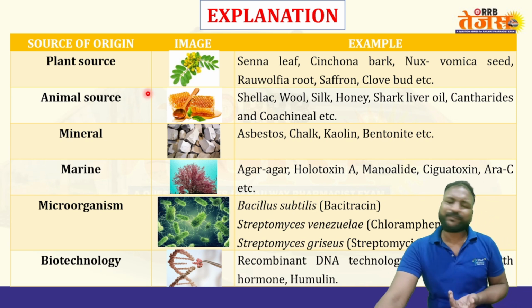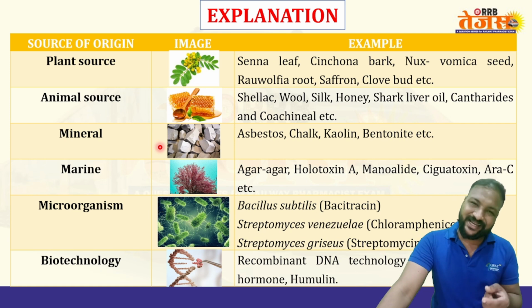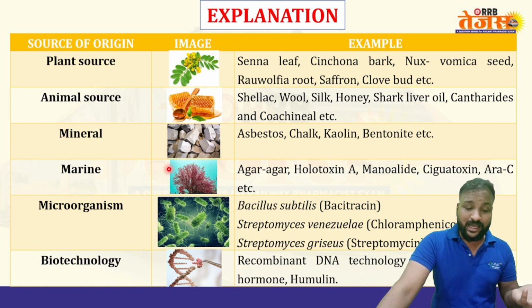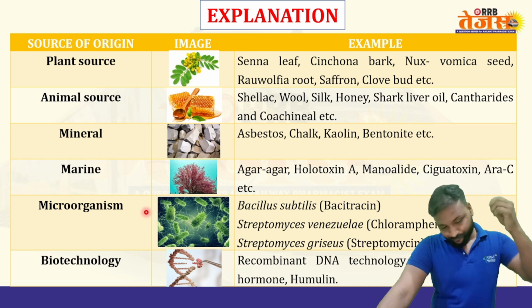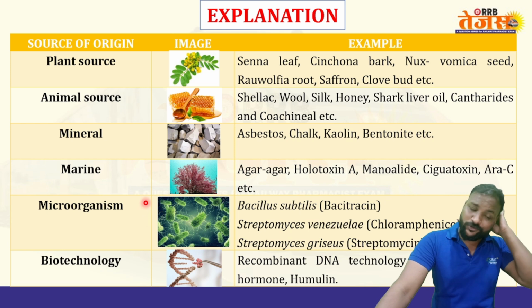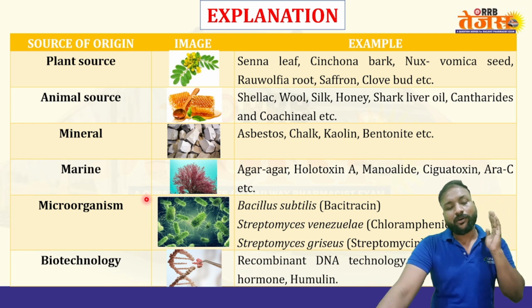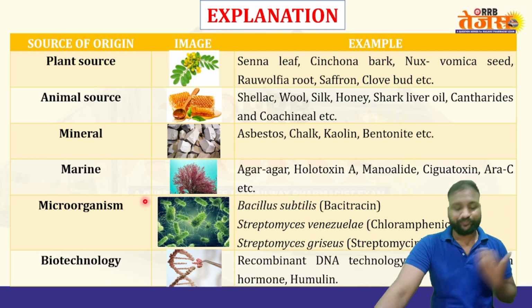We have a lot of examples of plant source, but we need to remember some important examples from sources like animal, marine, and microorganisms, and we also get medicines or drugs from biotechnology.